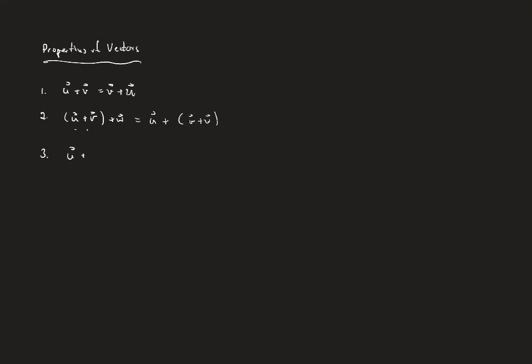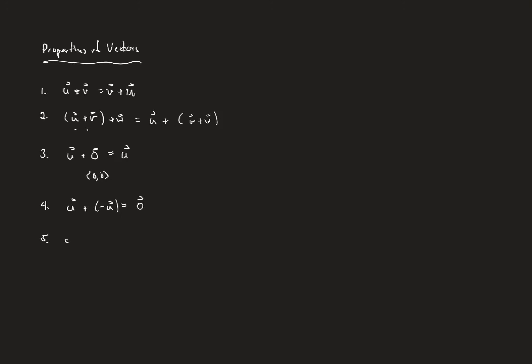The zero vector has the property that when you add the zero vector, remember that's 0, 0, to any other vector, you just get the same vector back. Another is that there is an inverse property of addition. Any vector has an opposite, and when you add a vector to its opposite, you get the zero vector.